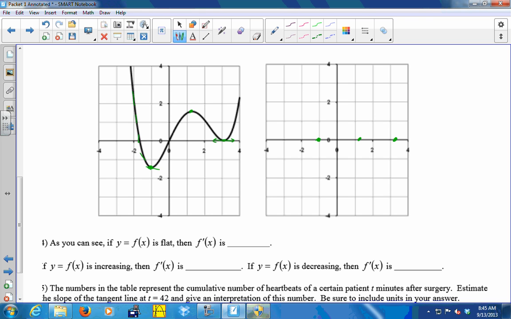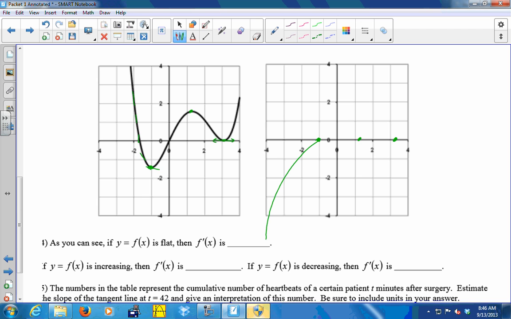Yeah, deeply negative and approaching 0. So y in my derivative function graph is representing the slope of the tangent line, very negative and approaching 0. So maybe something like that, right? Negative, below the x-axis, and approaching that 0 value.